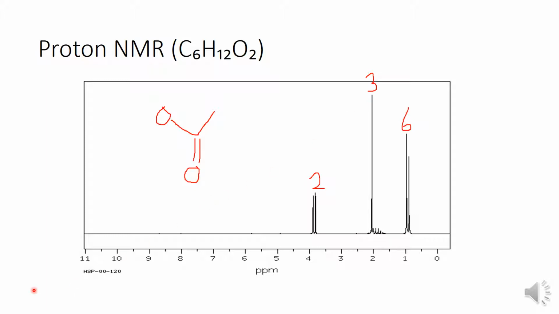We have a total of 6 carbons, and right now we have 1 here and 1 here. So we need 4 more. So 2, 3, 4.